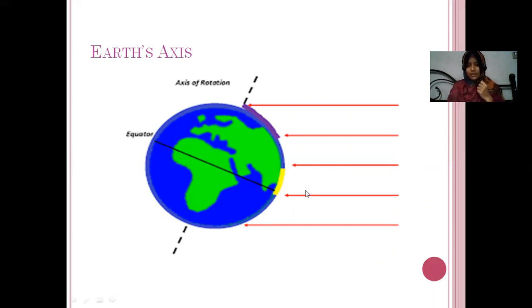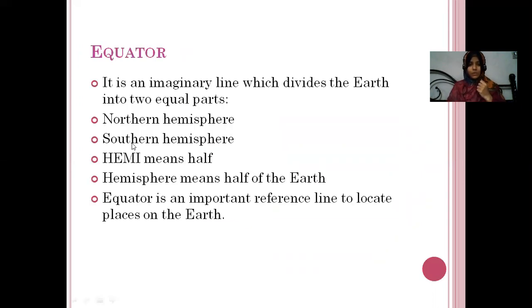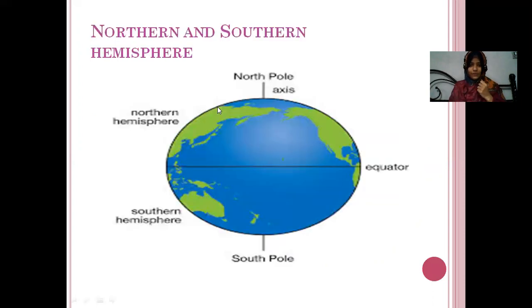Here you can see another line. We are going to learn about this line also, that its name is equator. It is also an imaginary line. Equator is an imaginary line which divides the Earth into two equal parts. Let me show you. See, this imaginary line is equator and it is dividing the earth into two parts.